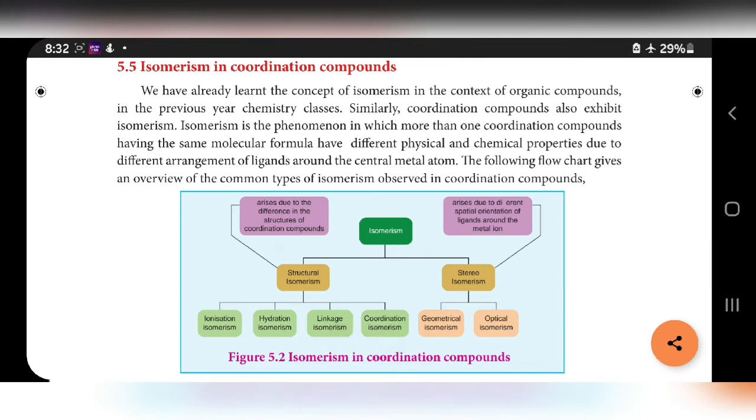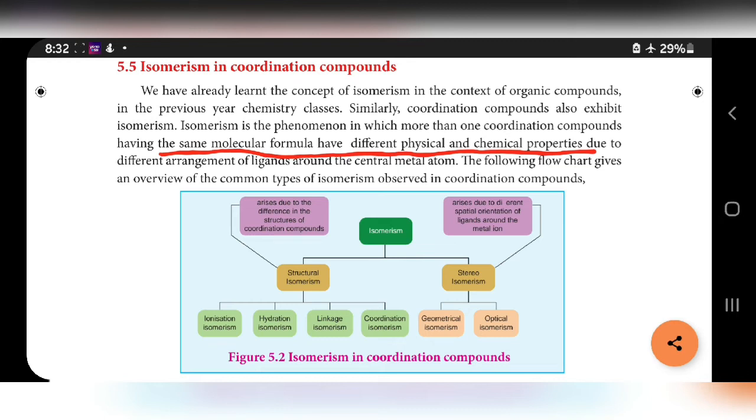Similarly, coordination compounds also exhibit isomerism. Isomerism is the phenomenon in which more than one coordination compound has the same molecular formula but different physical and chemical properties due to the different arrangement of ligands around the central metal atom. So isomerism means same molecular formula but different physical and chemical properties. It arises because of the different arrangement of ligands around the central metal atom.